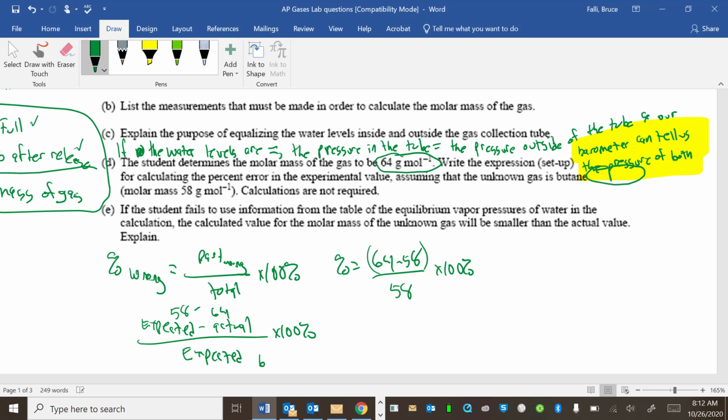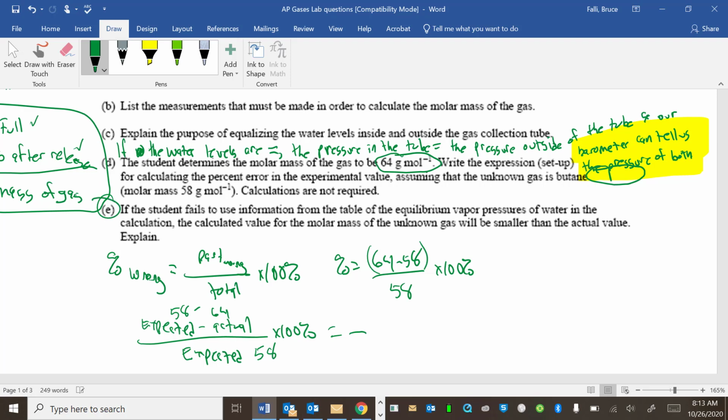Whoops. Come on, eraser. Boy, my eraser doesn't like to be erased today. Over 58. Now notice this will give you a negative value, but remember the percent error just tells you how wrong you are. The negative gives you the direction. So either one of those should be fine.